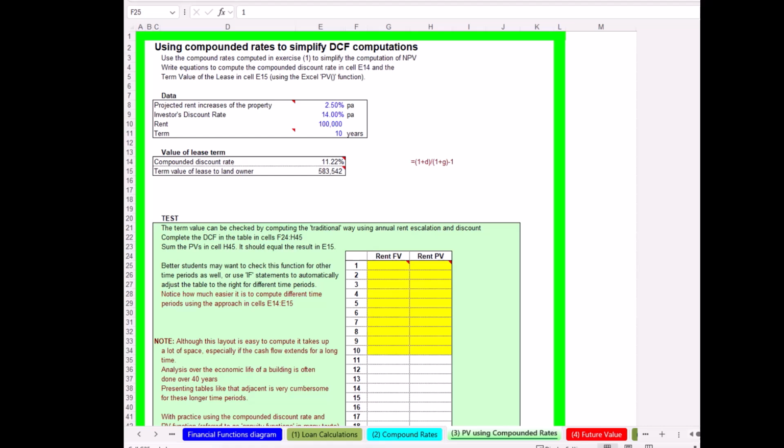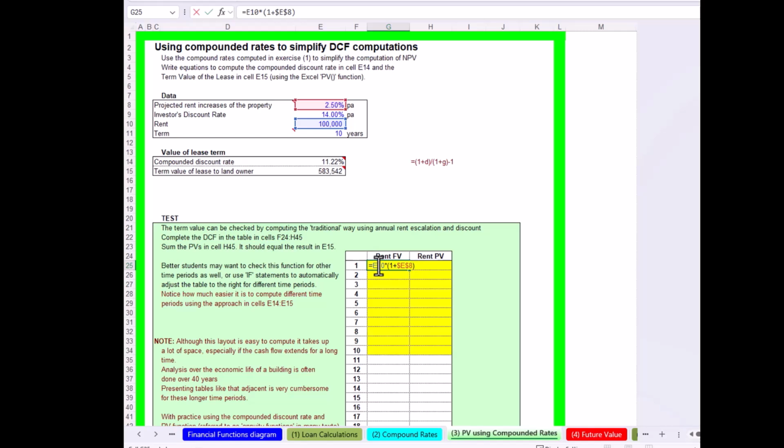It is useful for you to see this calculation done longhand to kind of prove in your own mind that in fact this discounted cash flow equation, the term value of the lease to the owner, is in fact true. We're going to do that by doing it on the year by year basis. To work out the rent at the end of the first year, I'm going to put in my growth functions and I'm going to use absolute addressing. So my rent at the end of year 1 is going to be the present value of the rent multiplied by, open brackets, 1 plus the growth factor.